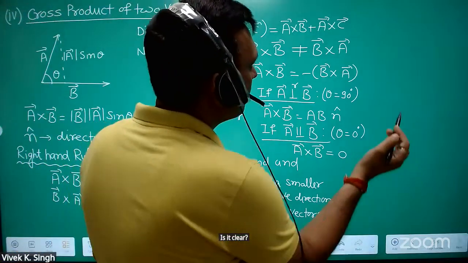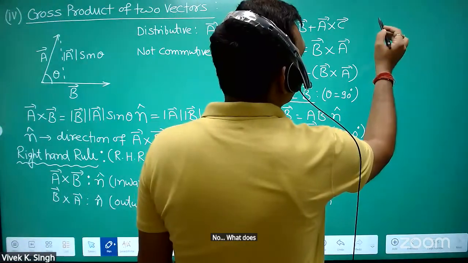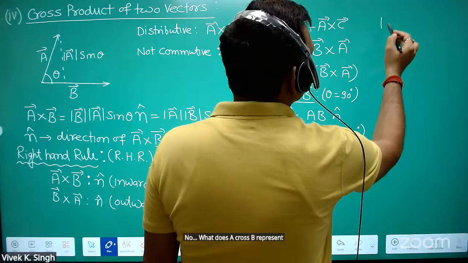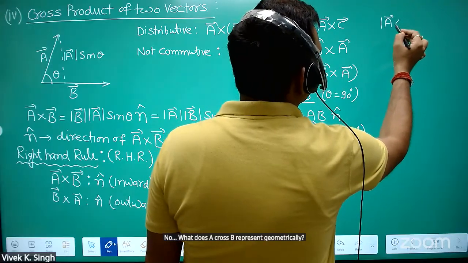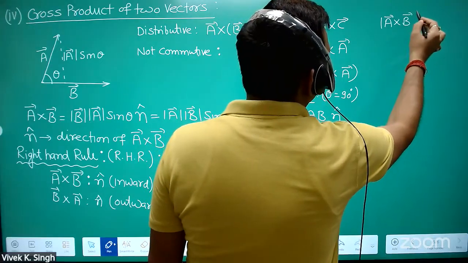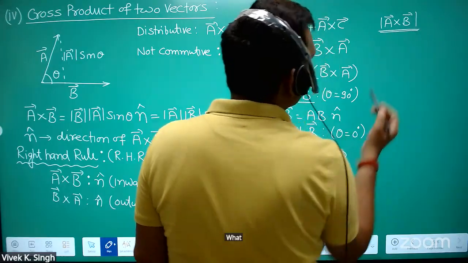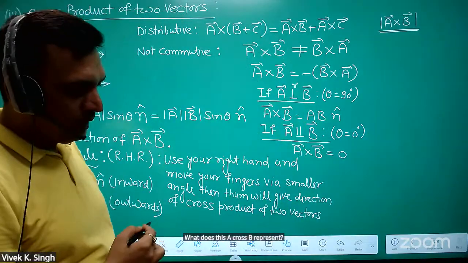Now, what does A cross B represent geometrically?